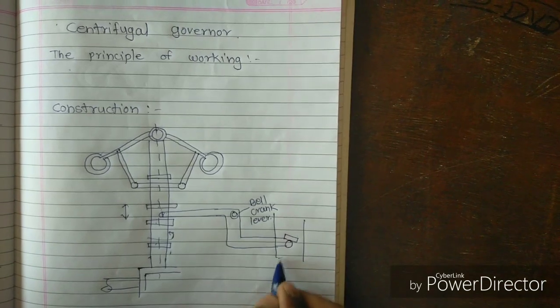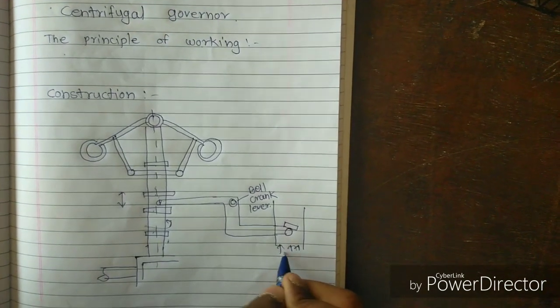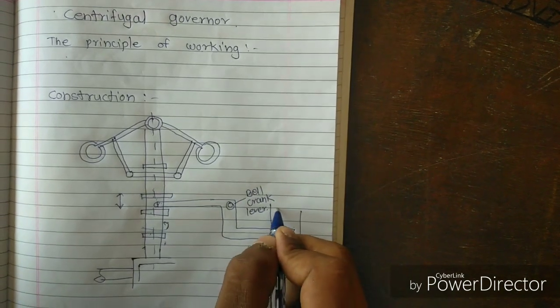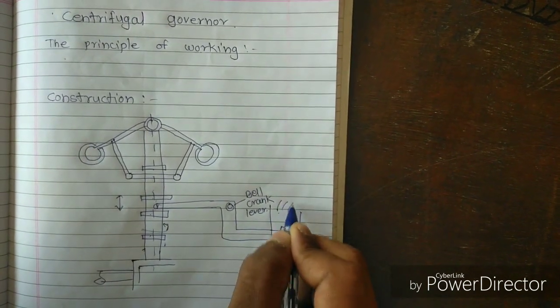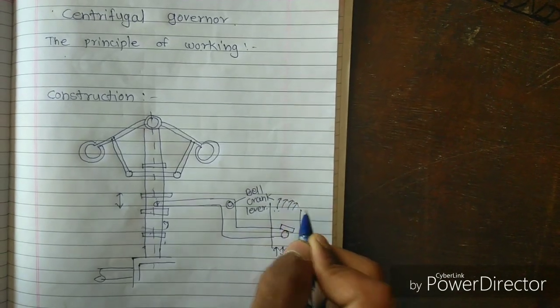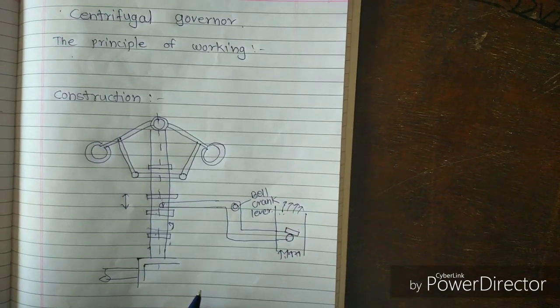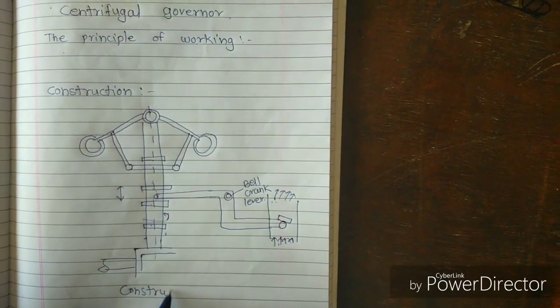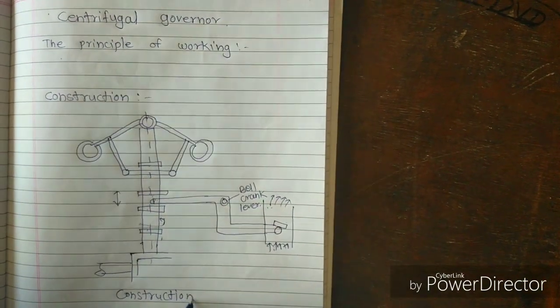From this side the working fluid is supplied to the engine, and only the required quantity of working fluid flows from this side. This is the whole construction of centrifugal governor.